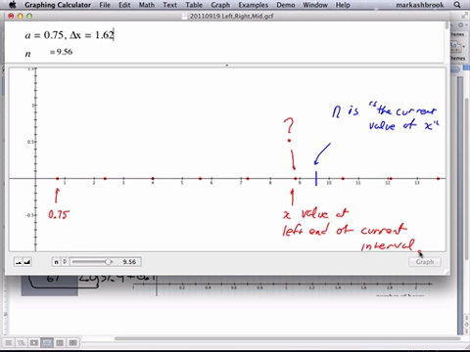I just counted the number of intervals, like 1, 2, 3, 4, 5 intervals. Multiply 5 by the interval width.